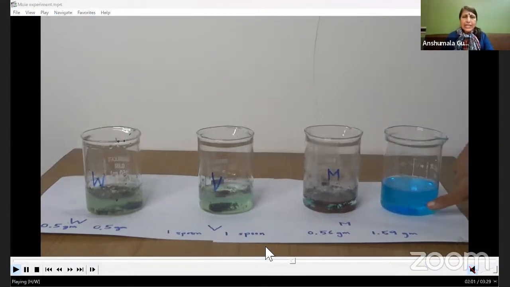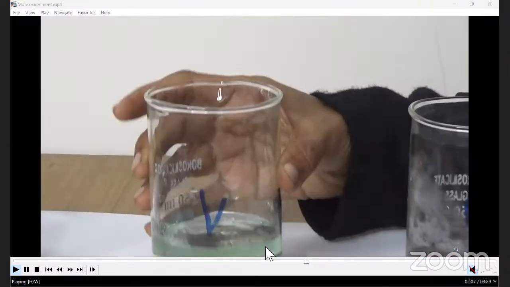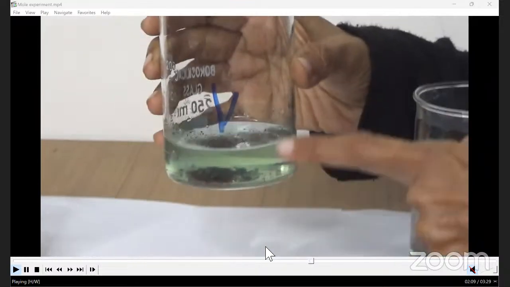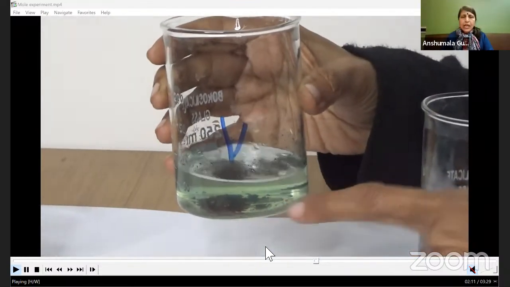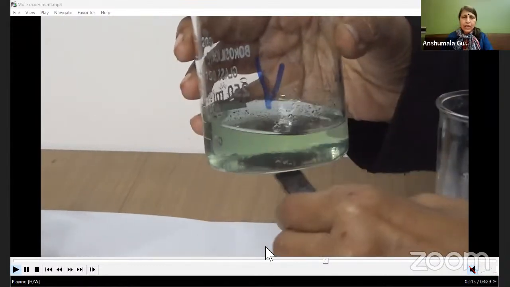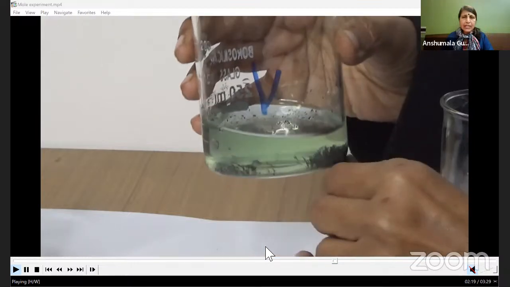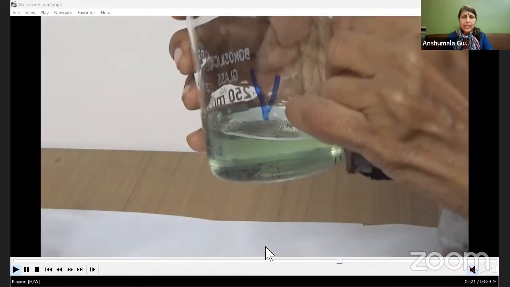So you can see the results here where you have equal weight, then you have equal volume. If you see the equal volume and equal weight, a lot of iron seems to be left unreacted. You can test it with a magnet and see that a lot of iron is moving here.